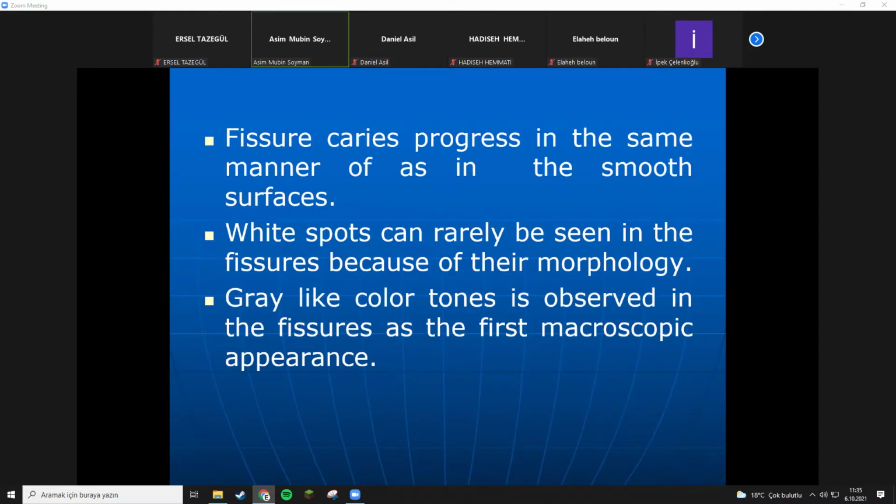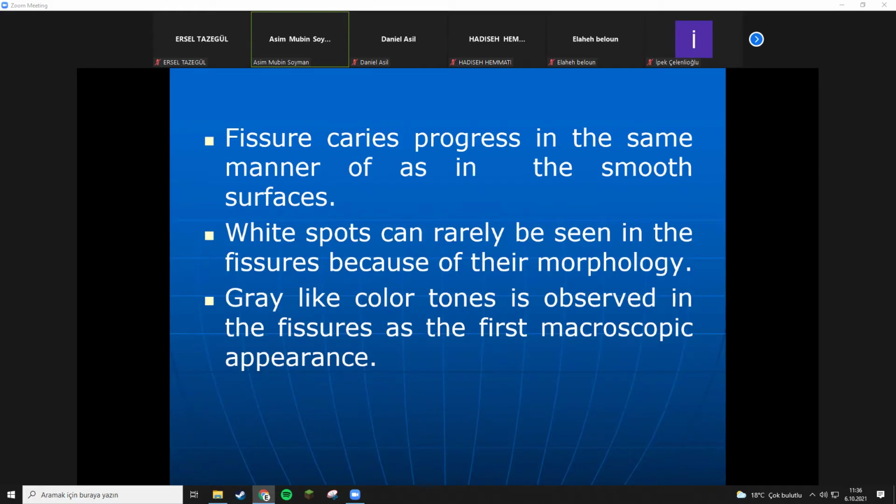Fissure caries progress in the same manner as in the smooth surfaces. White spots can rarely be seen in the fissures because of their morphology. Gray-like color tones are observed in the fissures as the first macroscopic evidence.